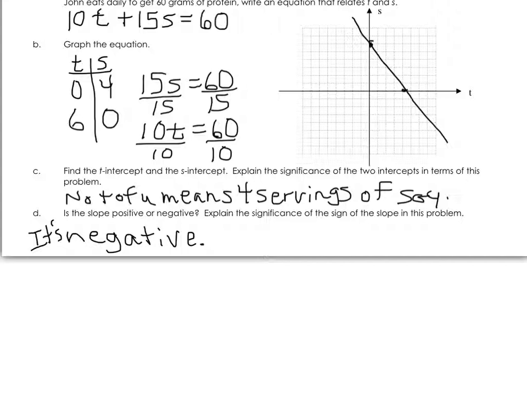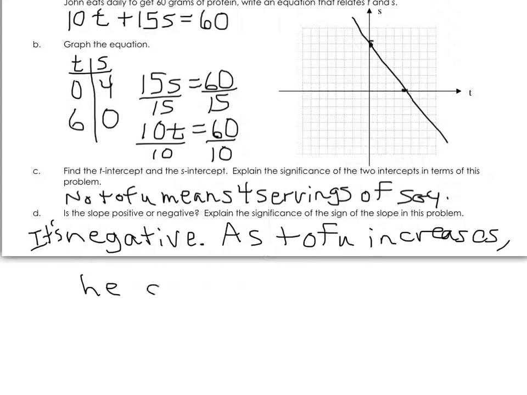So as T increases, as the servings of tofu increases, he can eat less soybeans. Negative slope, as one variable goes up, the other goes down.